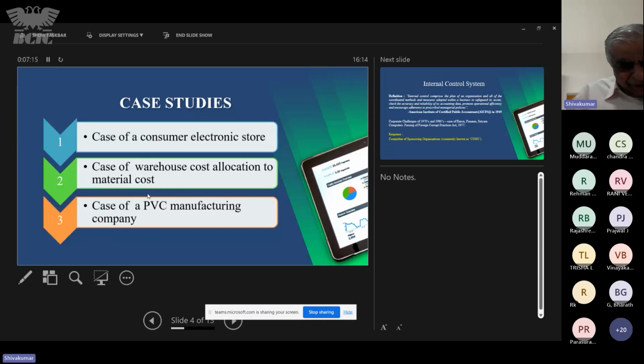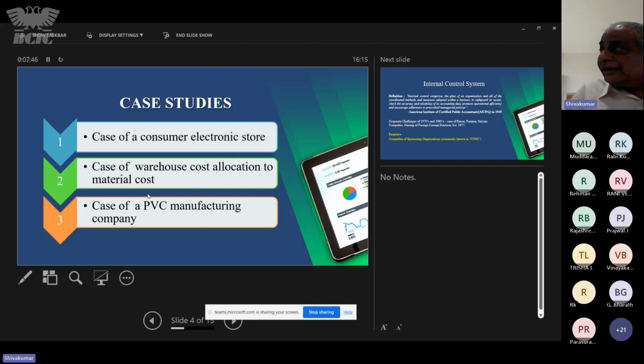So this issue was brought to the notice of the management, and accordingly, instead of taking the monetary value of the sales, the dimensions of the product and the ease of handling were considered as factors. And why I'm highlighting this is that ERP configuration plays a very big role in the internal control systems.